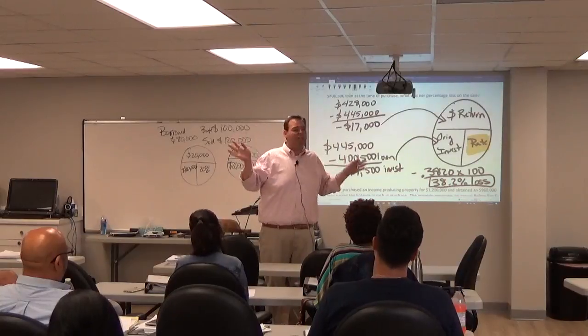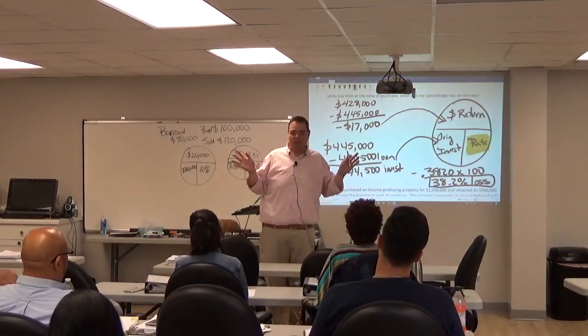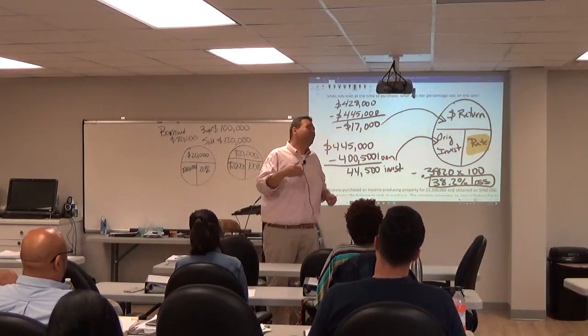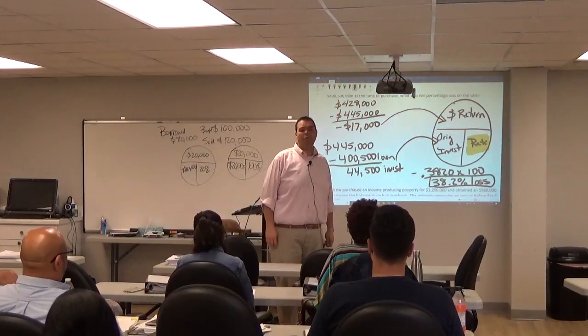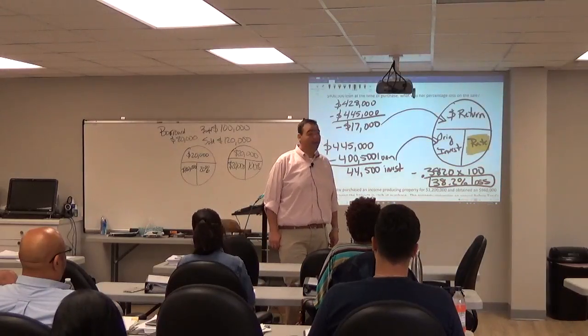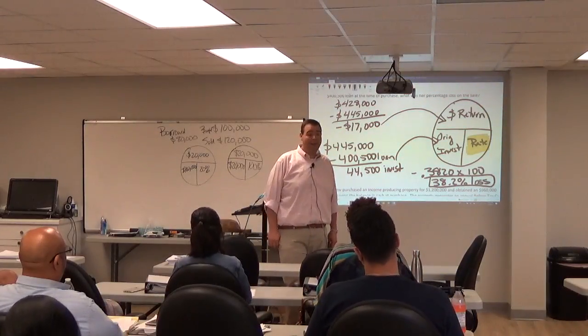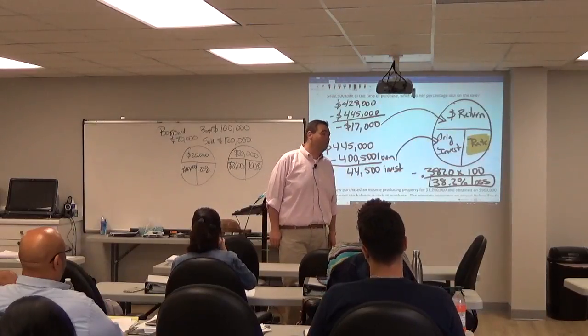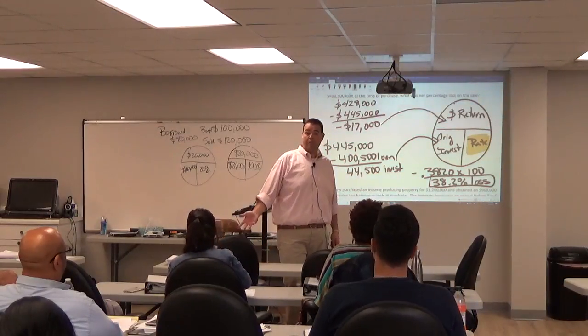What I paid for it is a fake number. I don't care in investment real estate how much I paid for it. In fact, it's really a fake number for all of us. How many of you really give a crap what you paid for your house? It doesn't matter. What matters is how much I pulled out of my pocket and how much I'm going to put back in my pocket when I sell the thing. Does that make sense?